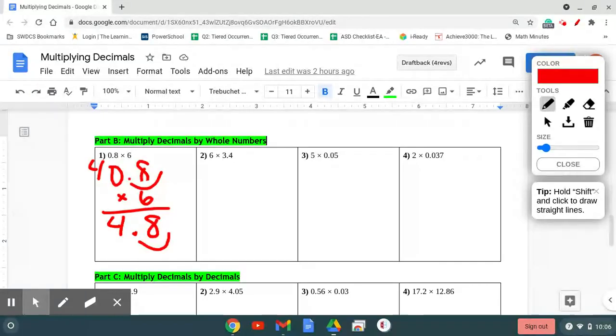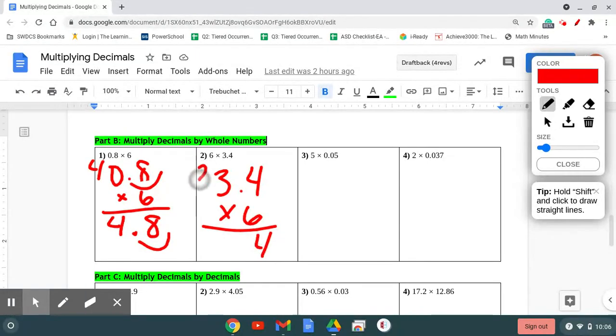All right, number 2. Which number is going to go on top? So 6 has 1 digit and 3.4 has 2 digits. So 3.4 is our longer number. 3.4 is going to go on top. Times 6 equals. 6 times 4 is 24.